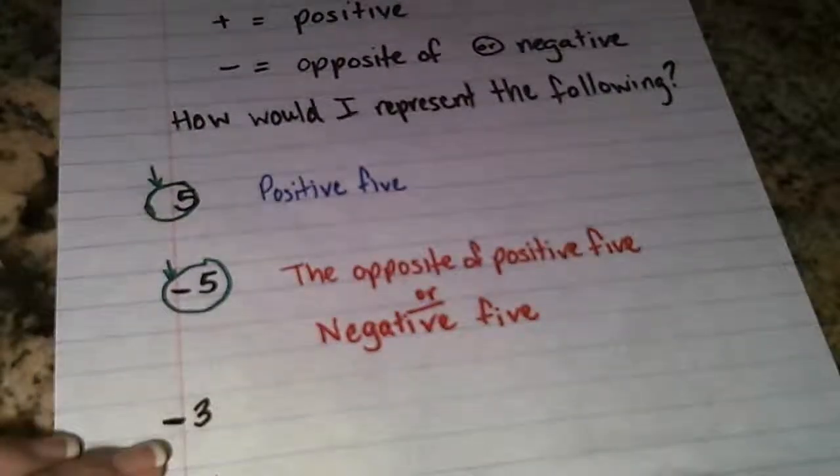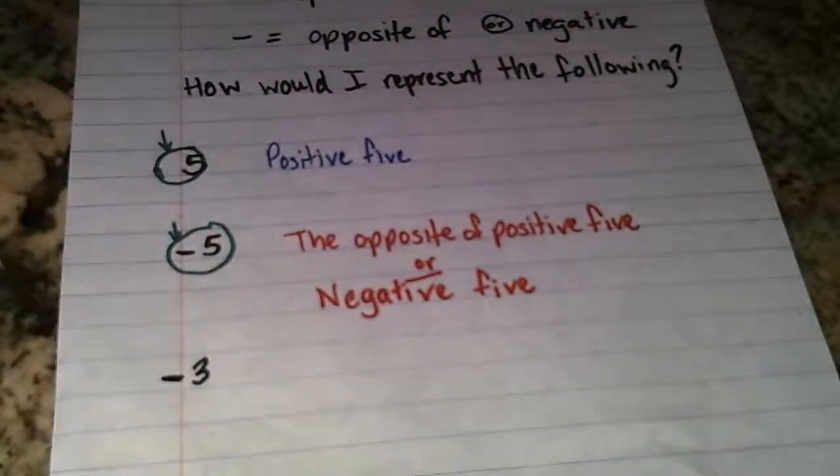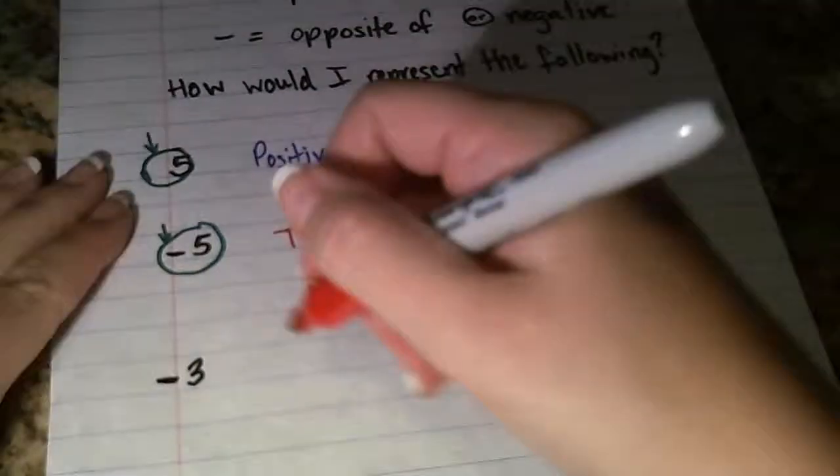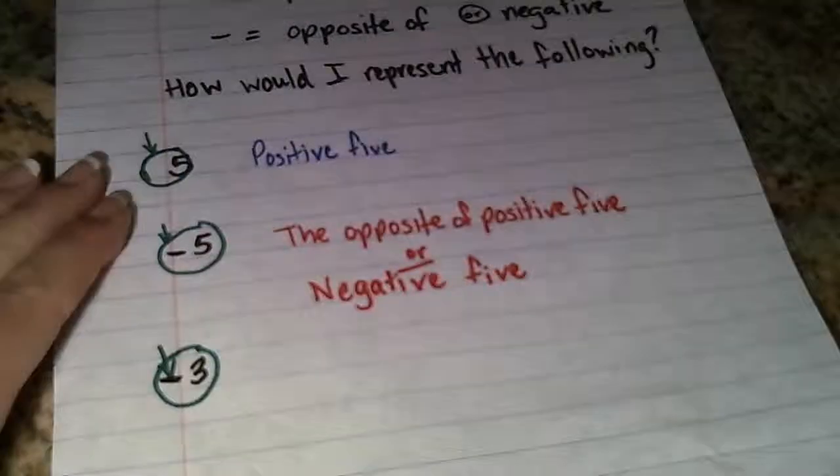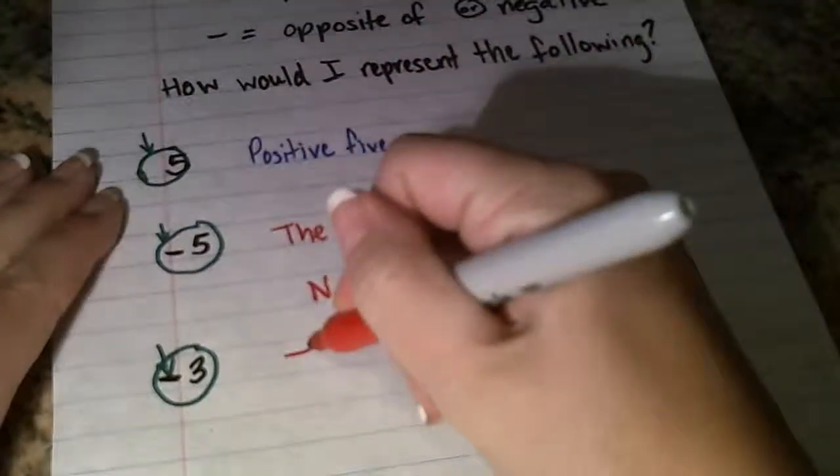The next number I have in my list is a 3. I would verbally describe this as saying the opposite of a positive 3 or negative 3.